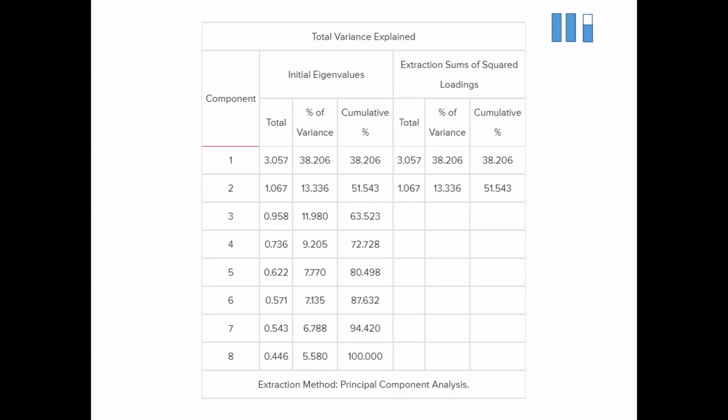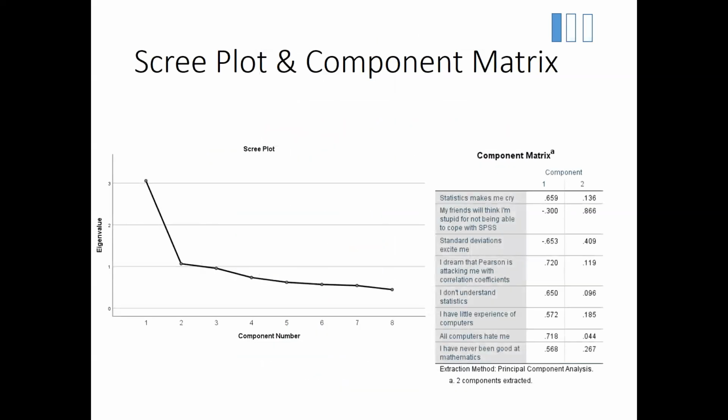Actually, this week's assignment should help you think through this, because you're going to have to do, skipping ahead, a literature review for exploratory factor analysis and understand how people are using this to reduce items. Part of the output in SPSS is going to give you what's called a scree plot and the component matrix.